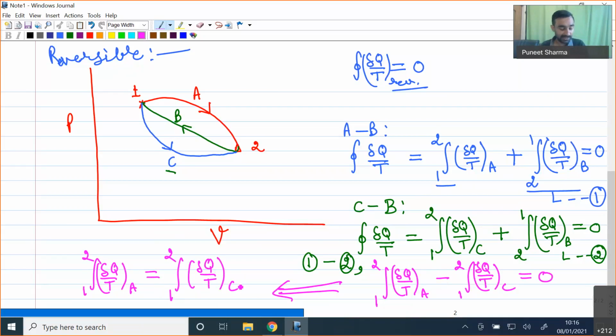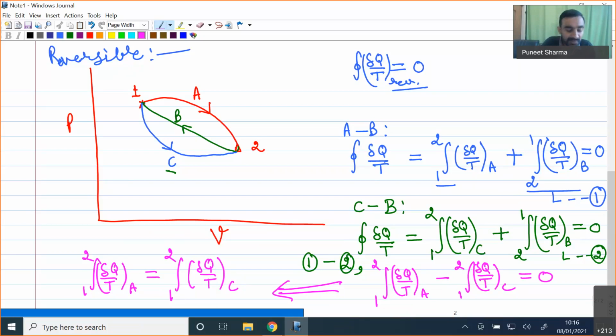Okay, so it means that if I have a reversible process, then irrespective of the path, if our thermodynamic state is changing between the same limits, in that case the integral of del Q by T for that particular process will be the same, irrespective of the path of the process.